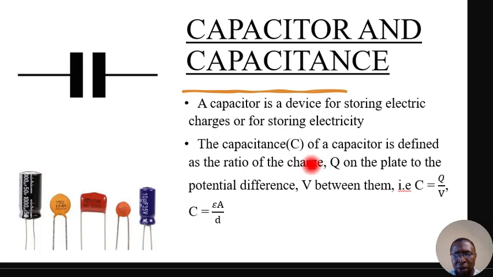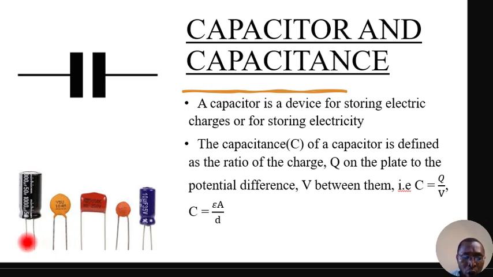Now, this is a typical example of a capacitor. They come in different ways, but whatever way they may come, they always have one thing in common: two legs, which we call plates. Some have positive and negative plates. Some you can't really tell, as any one can be positive or negative.